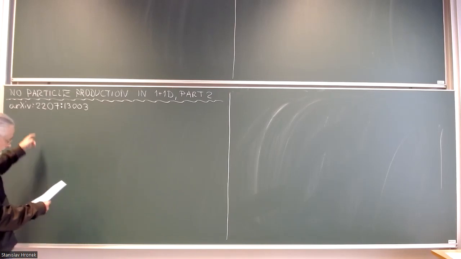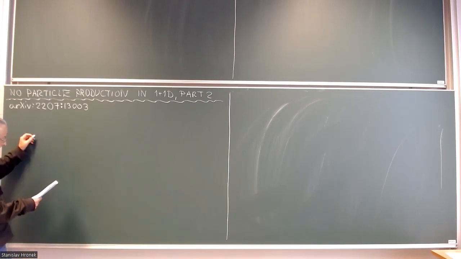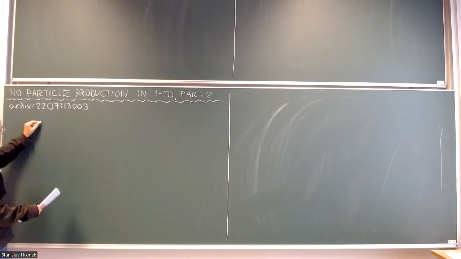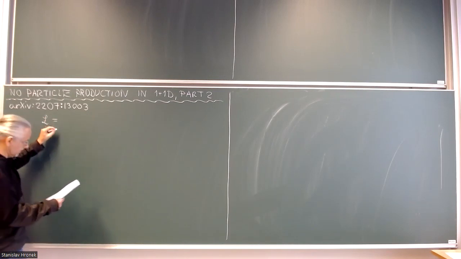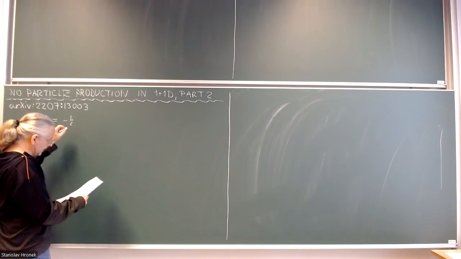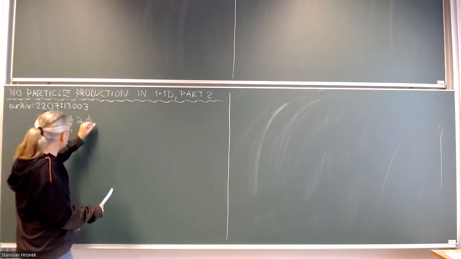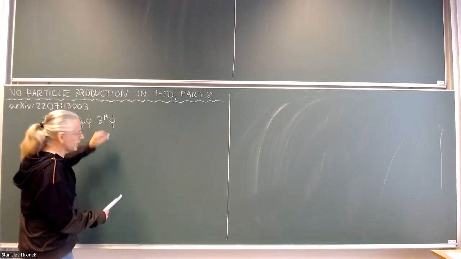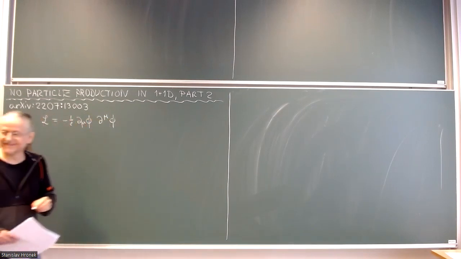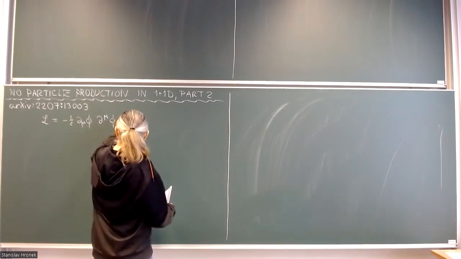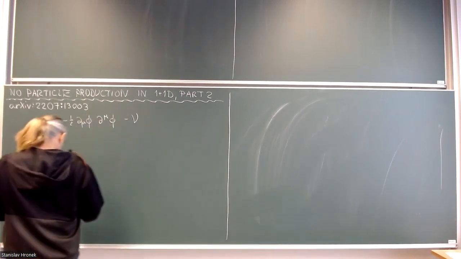So I remind you that the model in 1+1 dimension was given by the Lagrange density. I'll just briefly remind what we did last time. You should have forgotten in 8 days, or if there's somebody new.